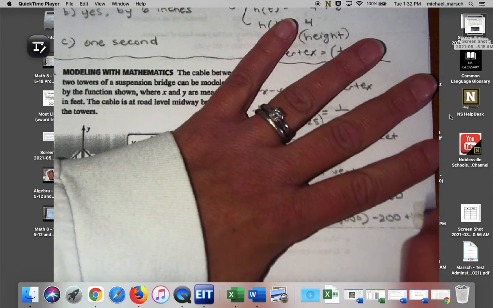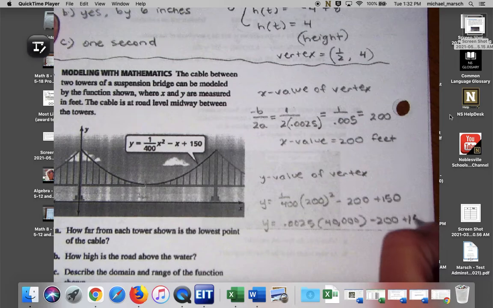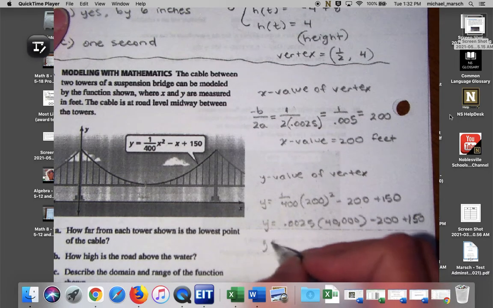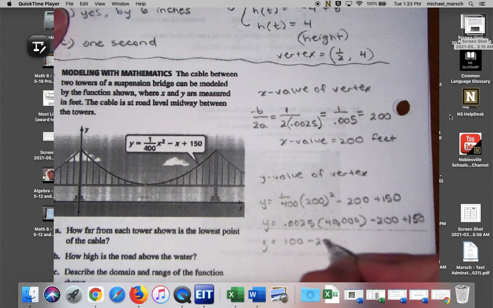So then you end up with y equals 100 minus 200 plus 150.